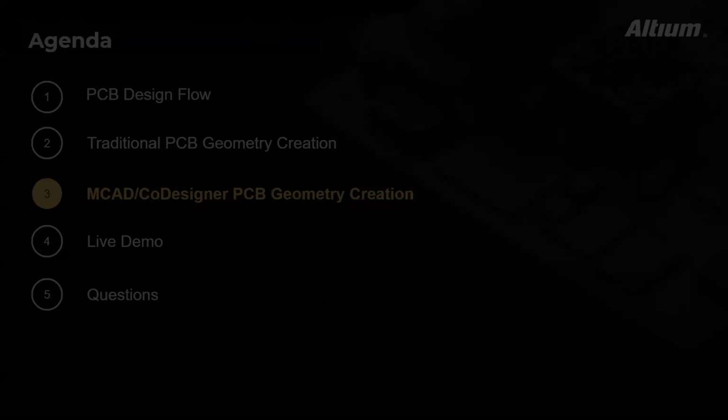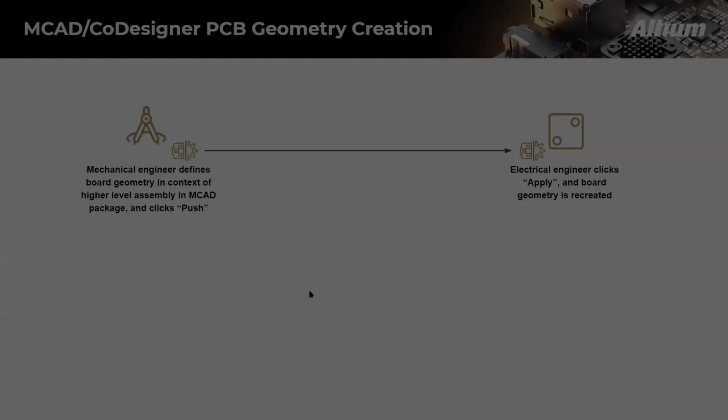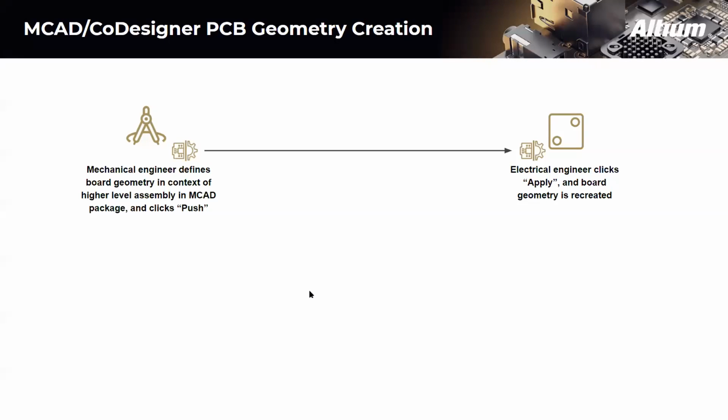Right, I'm now going on to look at how that process changes when you use CoDesigner. Now, the mechanical engineer's work remains the same. They still define their board in their MCAD package in the usual way.